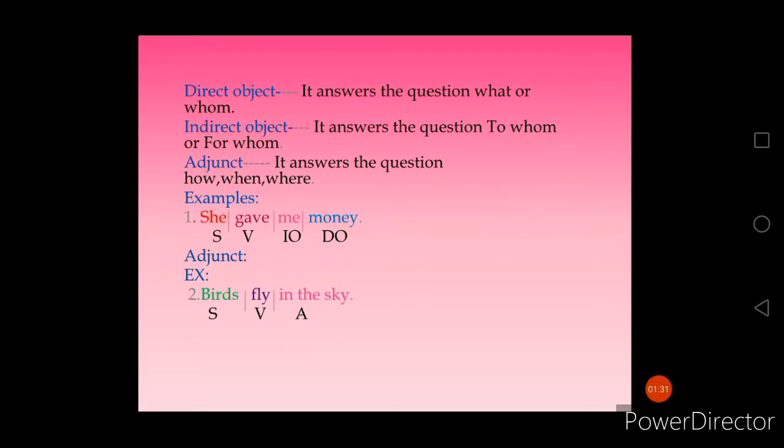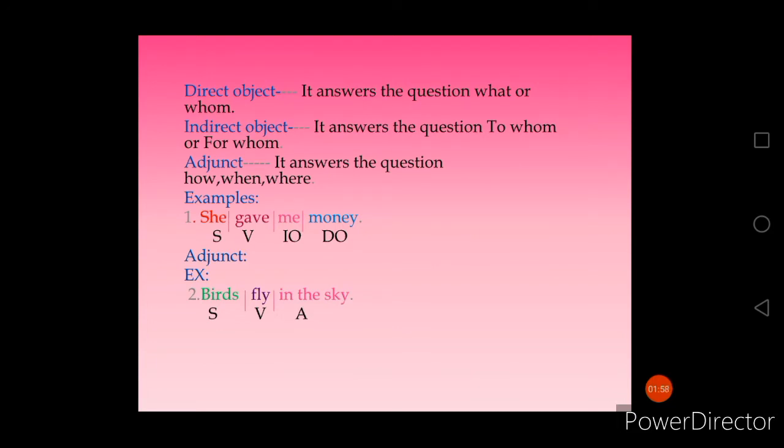What is the verb? What is the action that happened here? Gave. So gave is the verb. What did she give? Money she gave. So that is the direct object. This money answers the question what, right? So to whom did she give the money? Yes, to me she gave the money. So me is the indirect object.